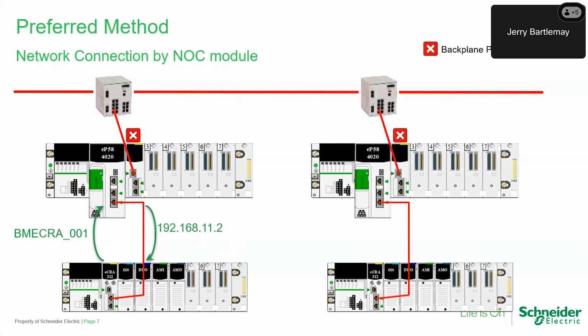If we add a second M580 and connect it in the same fashion, then the same thing happens. Its DHCP request stops at the CPU, doesn't go to the plant network, and then it gets its proper IP address and configuration. So this by far is the easiest way to manage this scenario.